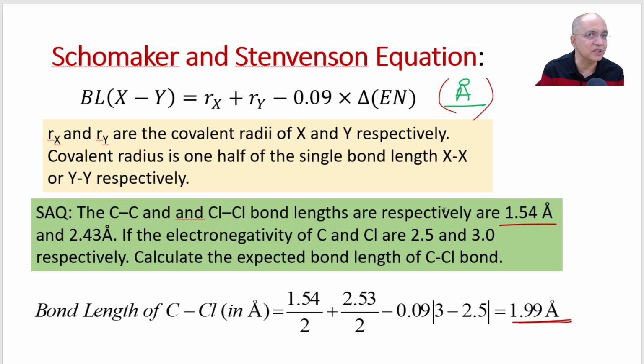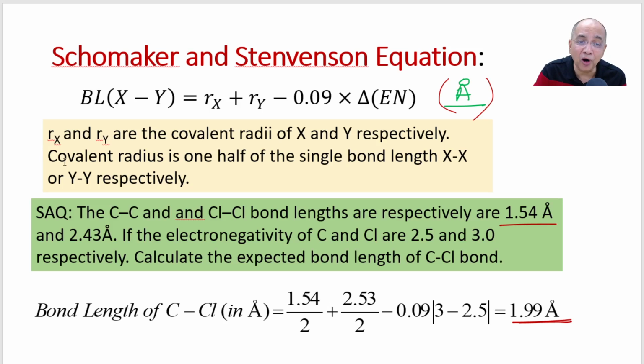So we have another simple, very approximate equation. It's not a 100% rule of thumb, but Schomaker and Stevenson have given an empirical equation based on observation: the bond length between two atoms can be approximately found from the covalent radius of atom X, the covalent radius of atom Y, minus a constant 0.09 times the difference in electronegativity. This is in angstrom units. And what is covalent radius?